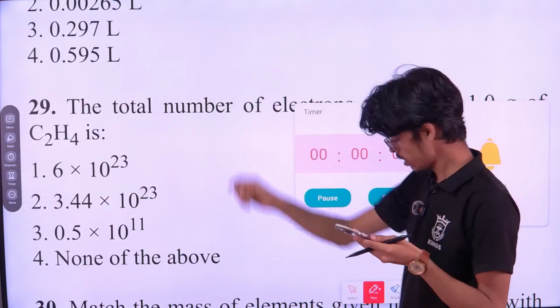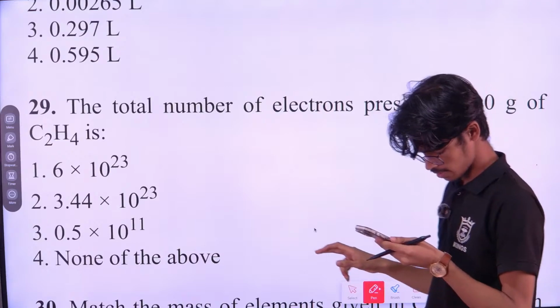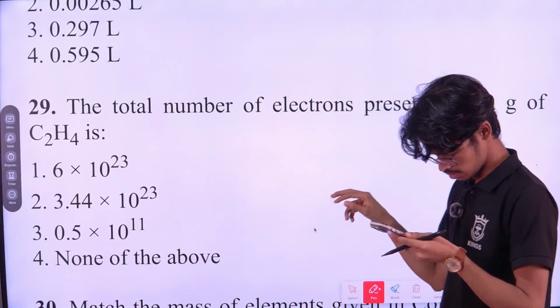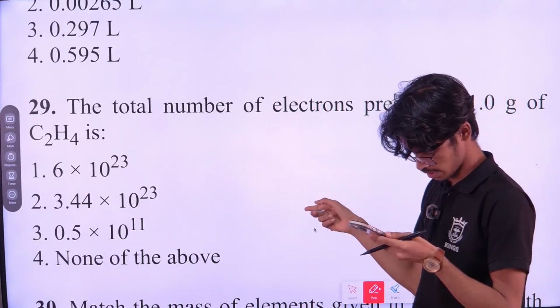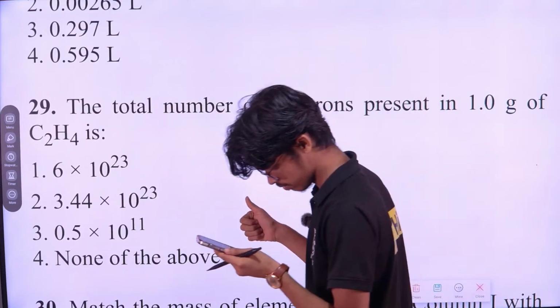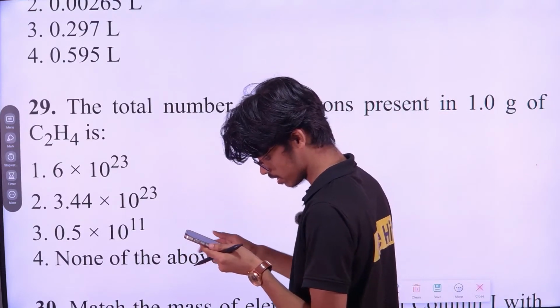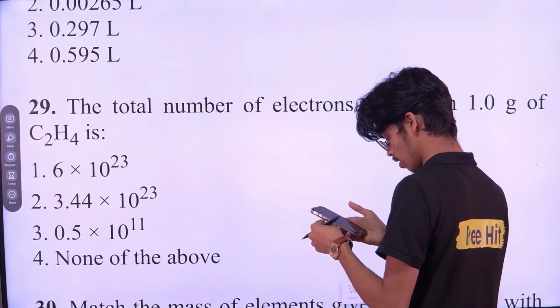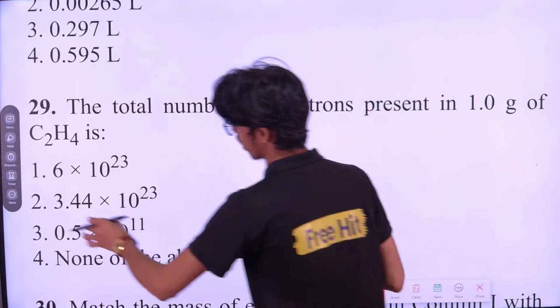Priya has answered 29 third option and 29 second option. Good. Now Priya has changed the answer to 29 option number 2. Let's see if you are right or not.